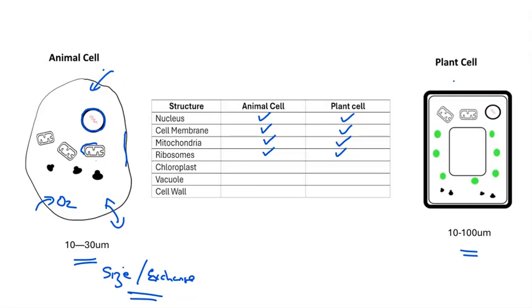However, animal cells do not have chloroplasts. They do not photosynthesize, whereas of course our plant cells clearly do. Animal cells don't have the large central vacuole of plants, and animal cells do not have cell walls made of cellulose, or indeed anything else, which is typical of plant cells.